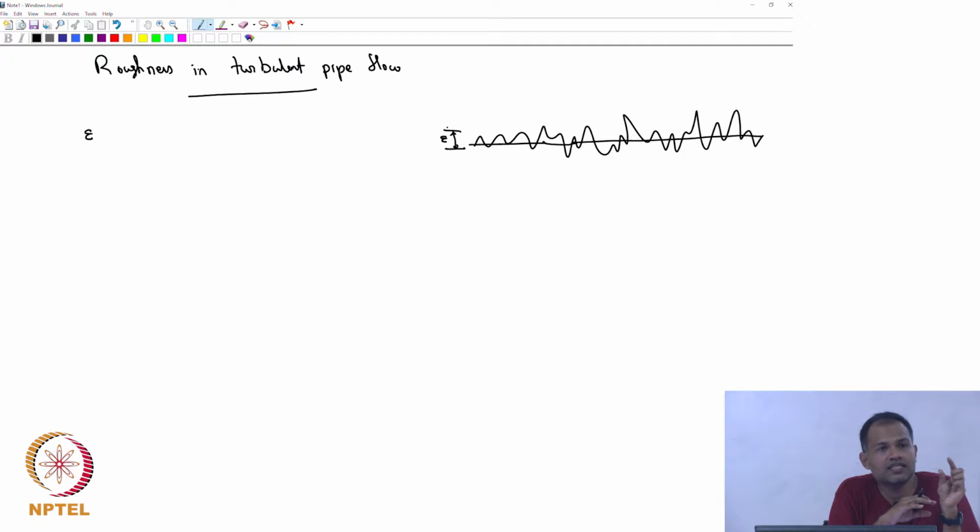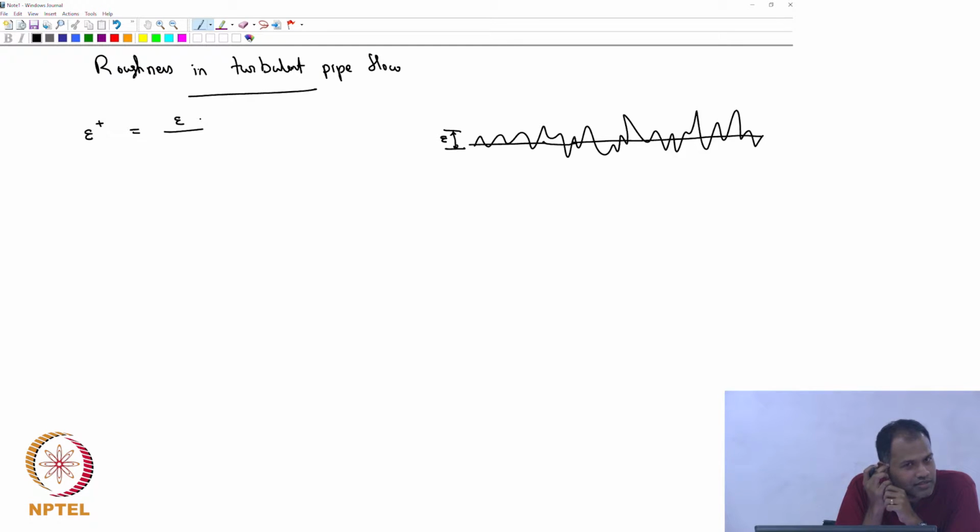So epsilon is the thickness that characterizes the roughness, and the quantity that we want to look at is epsilon plus. Epsilon plus would be epsilon divided by what? What is the scale that we would use to define epsilon plus? How did we define y plus?